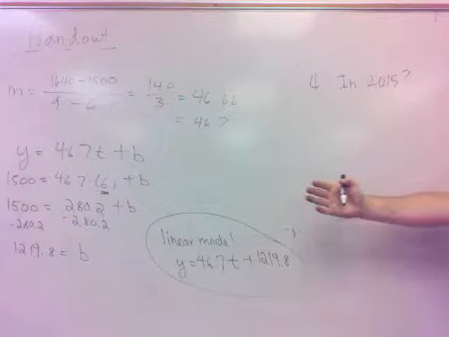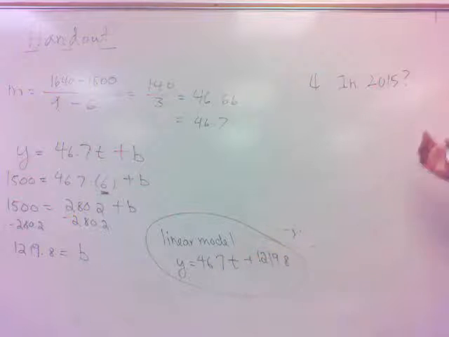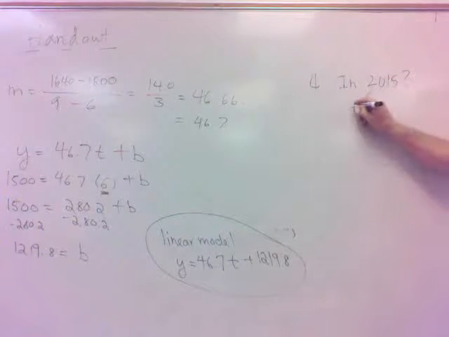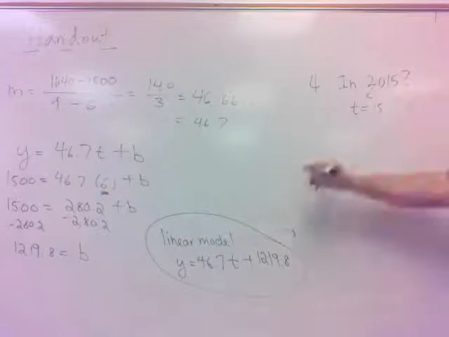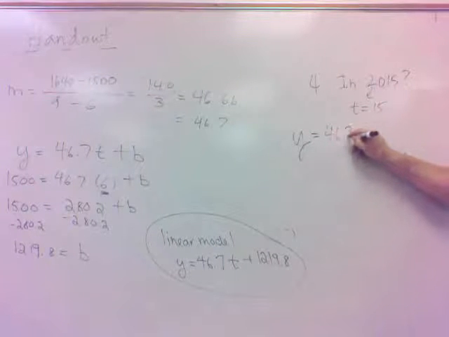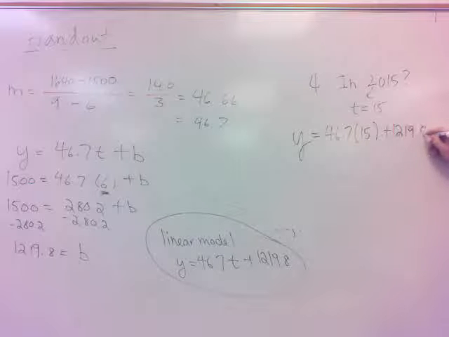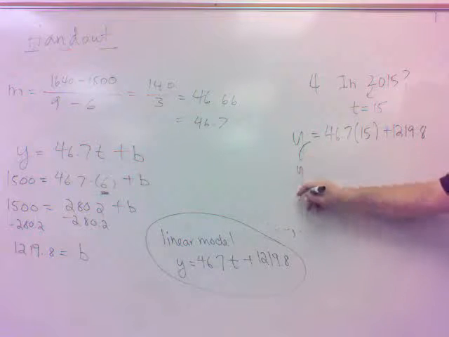Well, 2015 is a time in years, and 2000 was 0, so that would be t equals 15. So now we know t is 15, so just plug that in. 46.7 times 15 plus 1219.8. That would get me my enrollment in 2015.